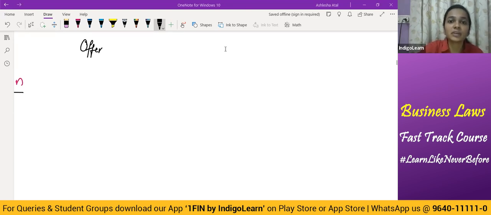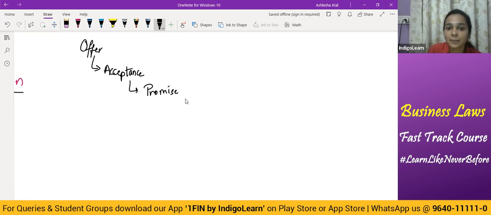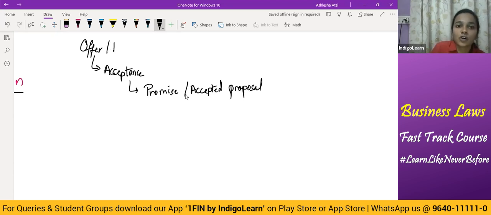But offer will become a promise only when it is accepted. So after offer, there has to be acceptance of an offer. Now, when an offer is accepted, it becomes a promise, or a promise is also called an accepted proposal. Offer is also called a proposal.